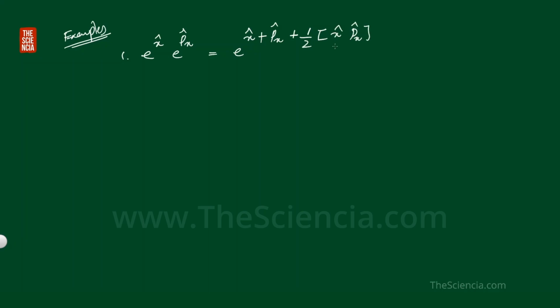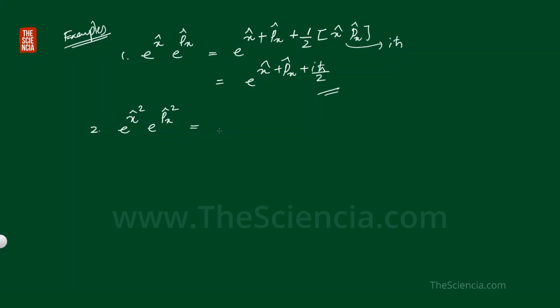What is this commutator X cap p x cap? That is equal to i h cross. So we get this is equal to e raised to X cap plus p x cap plus i h cross by 2. Okay, this is the answer. Now, second example problem: e raised to X cap square, e raised to p x cap square.